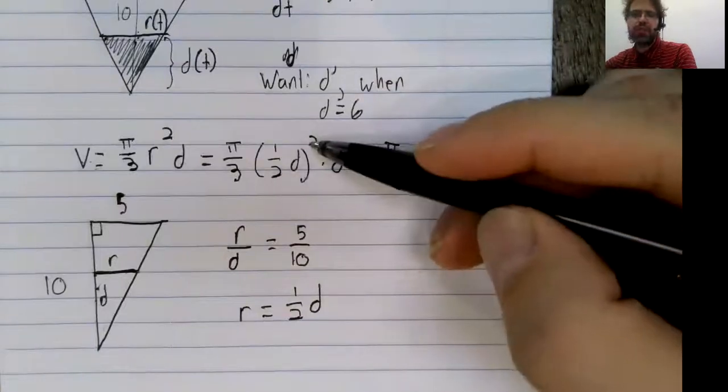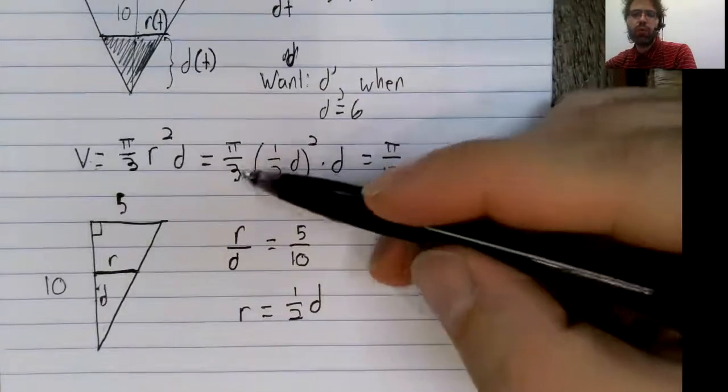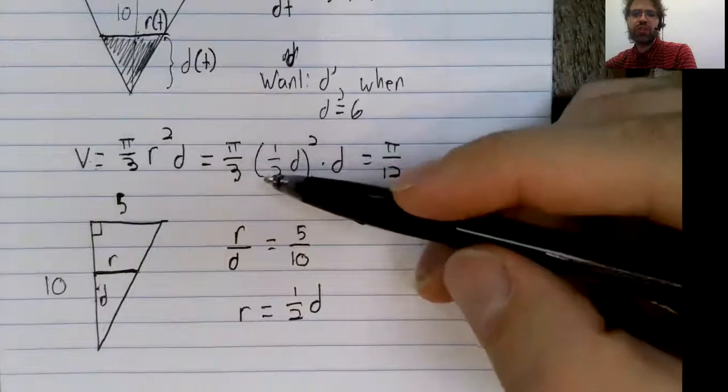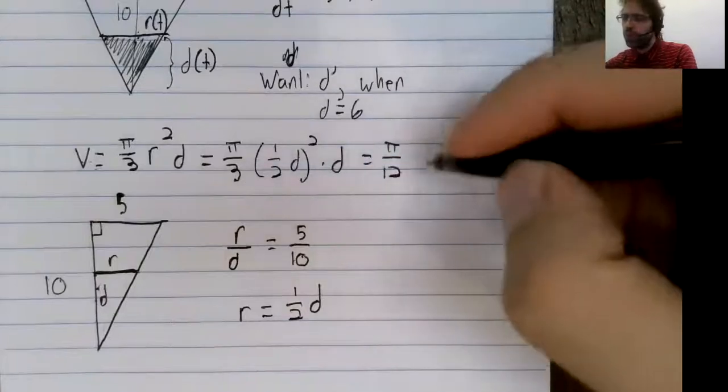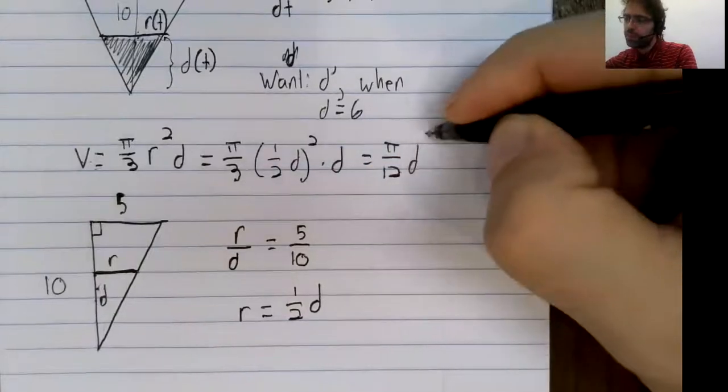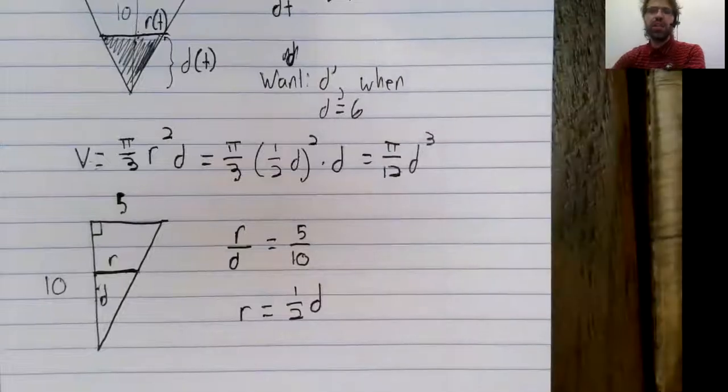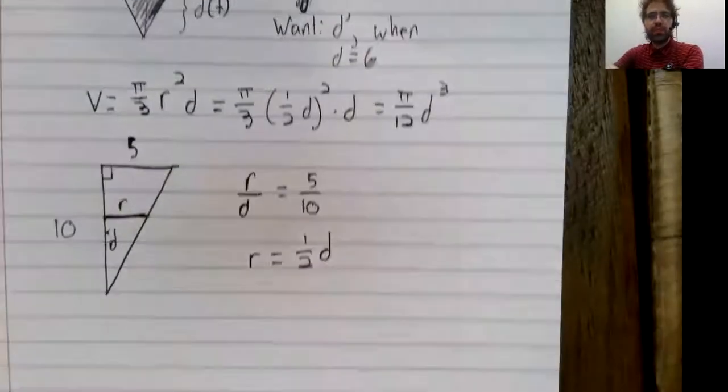This 1/2 squared is 1/4. This third and the fourth give us a 12th. D cubed.